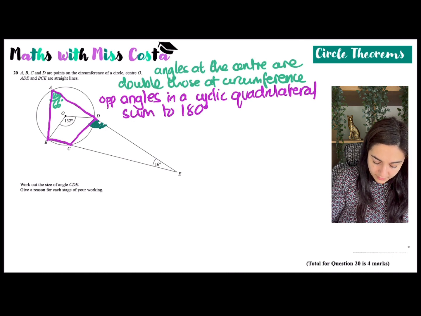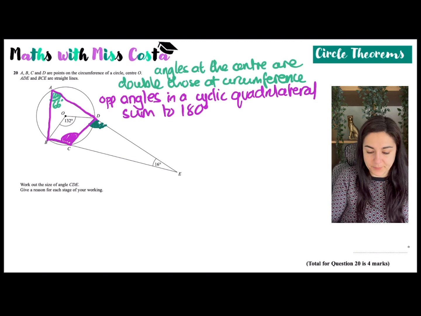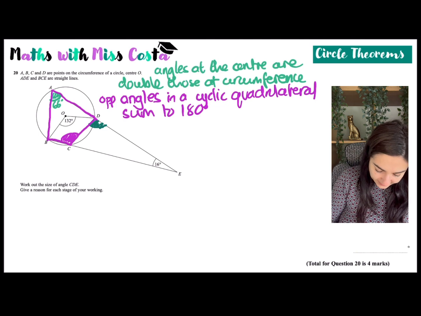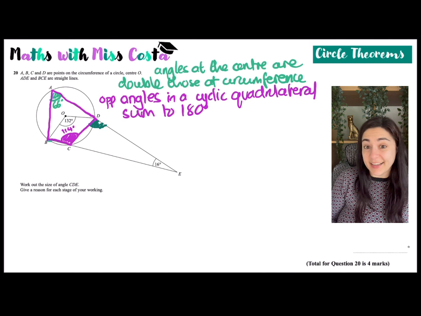So therefore I could figure out what this angle here is. So 180 take away 66 is 114. So that's 114 degrees.